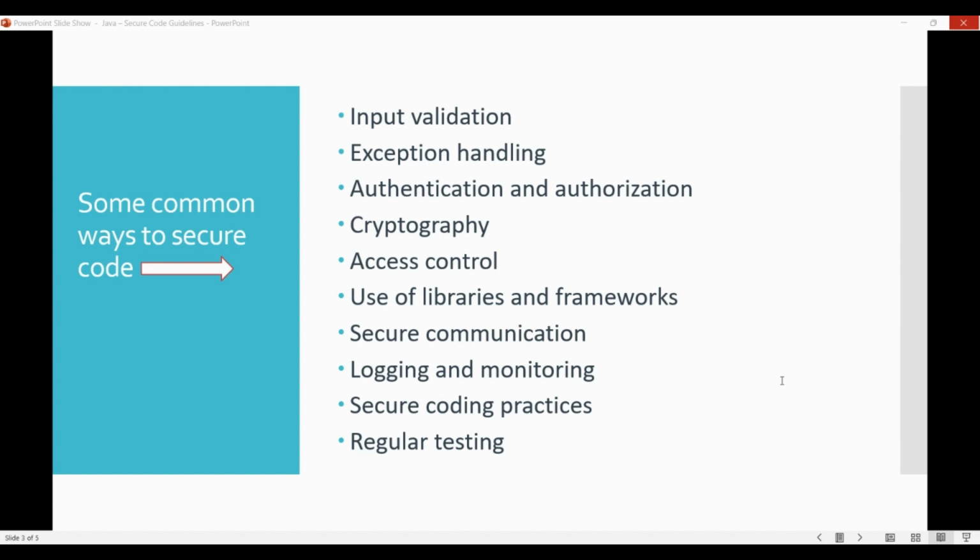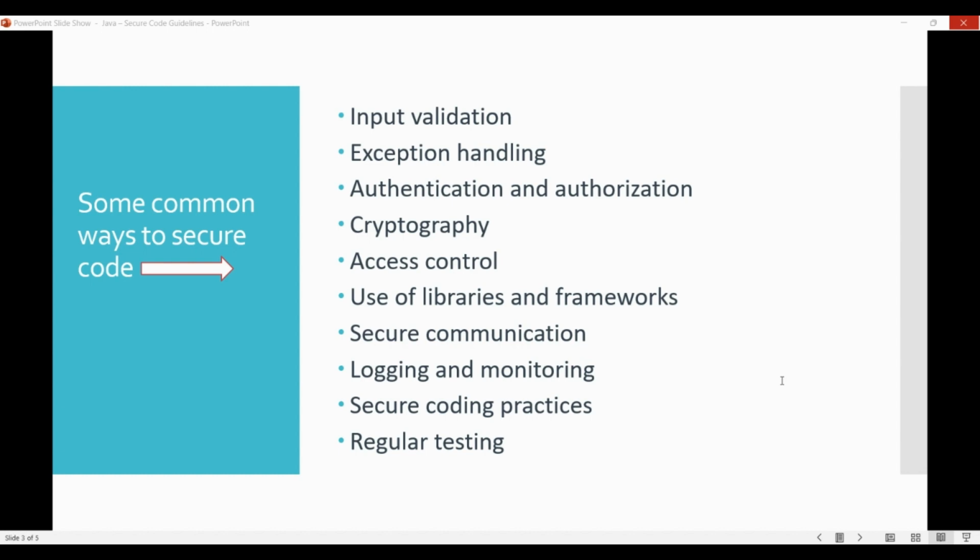Another way can be cryptography, use of strong encryption algorithms and key sizes to protect sensitive data like passwords and credit card numbers. Then, proper access control mechanisms, using the principle of least privilege to ensure that code and data is only accessible to authorized users and processes.